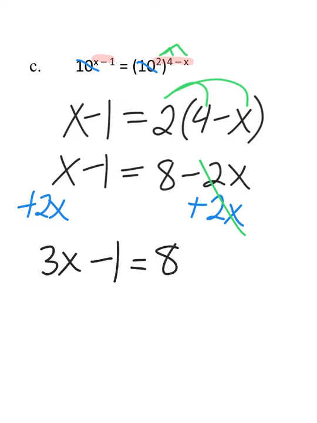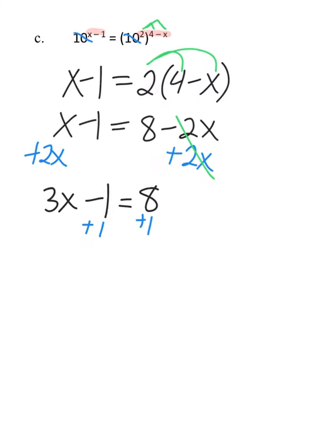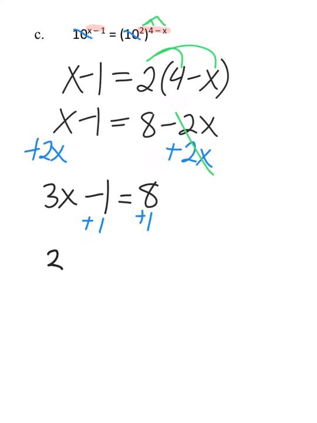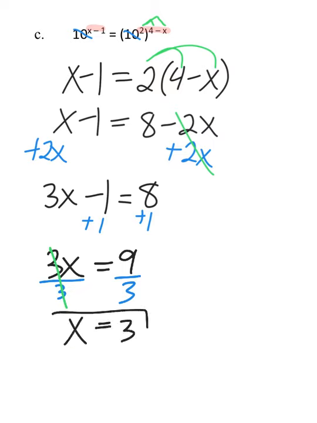Trying to isolate x, so if I add the 1, starting to get the x term by itself. So 3x, negative 1 plus 1 is gone, 8 plus 1 is 9. Final step to isolate is to divide the coefficient away, and so x equals 9 divided by 3 is 3.